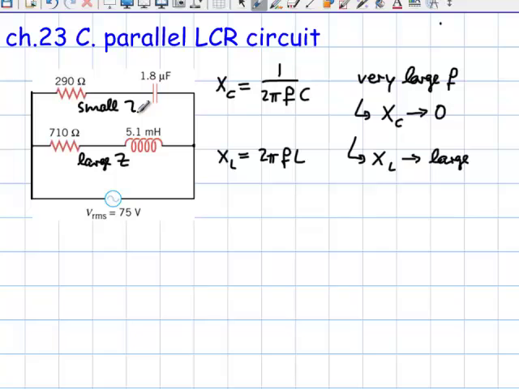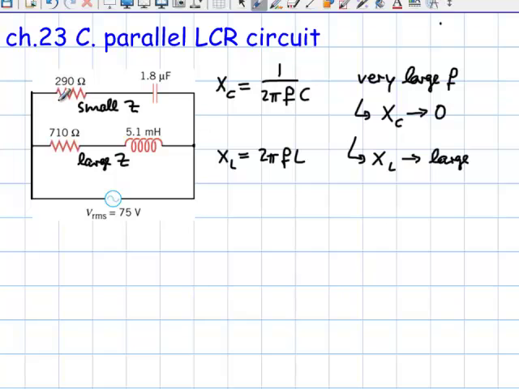As you recall from parallel circuits, we would have a larger current go through this part respectively. If we add these up as reciprocals, with this one very large compared to this one, we get a total impedance for the entire circuit that just describes this top part, with virtually no current going through here.